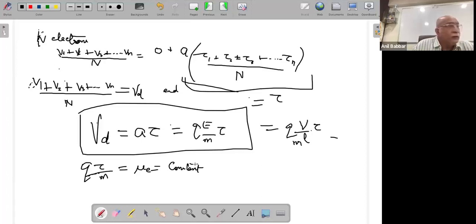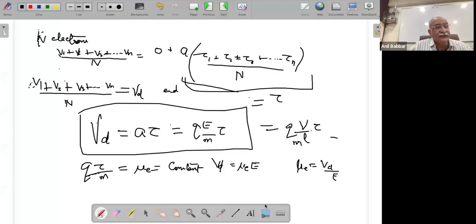Then we have Vd, the drift velocity, equal to mu times the electric field E, which gives us mu as Vd by E. That is, drift velocity per unit electric field gives us the mobility of electrons. Fine.